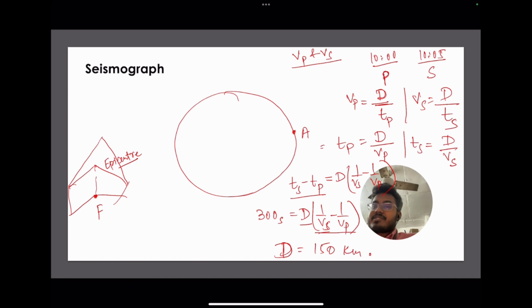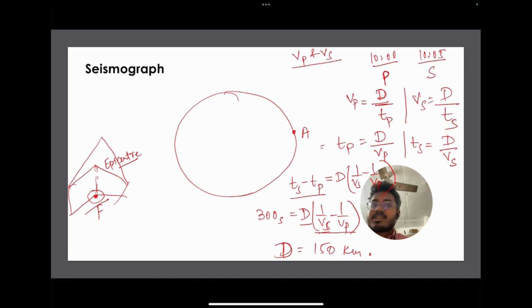So this is the distance between the seismometer A and the point from which the earthquake has started. That is the focus. But for simplicity, we will say that some form of adjustment is done on this.